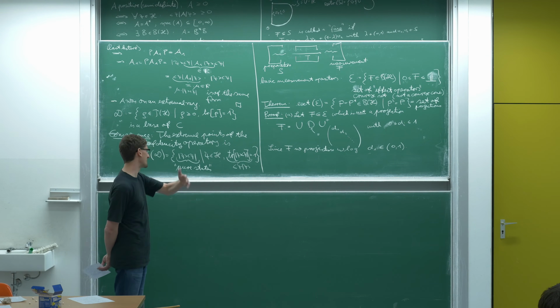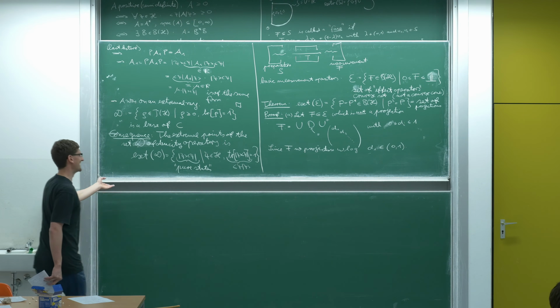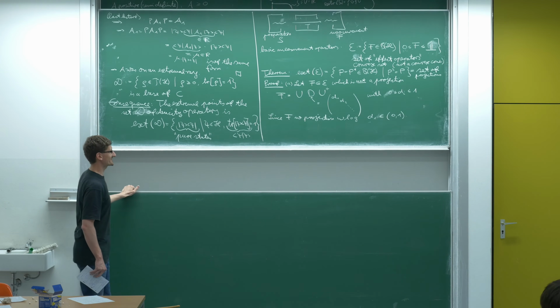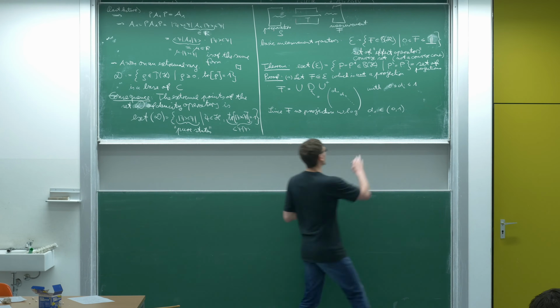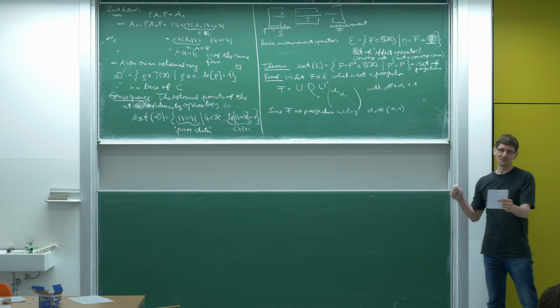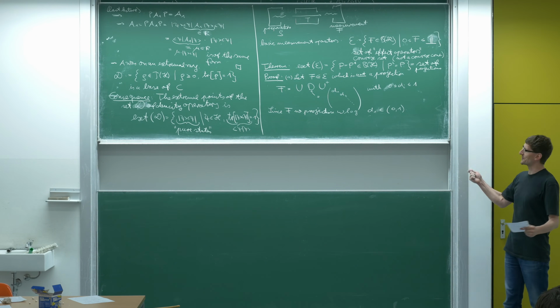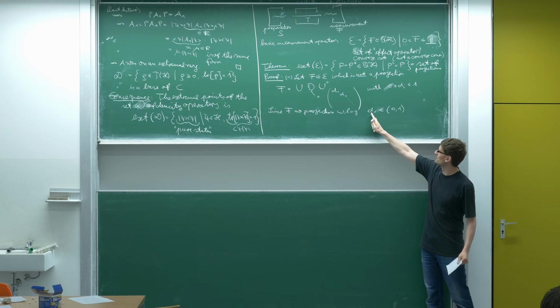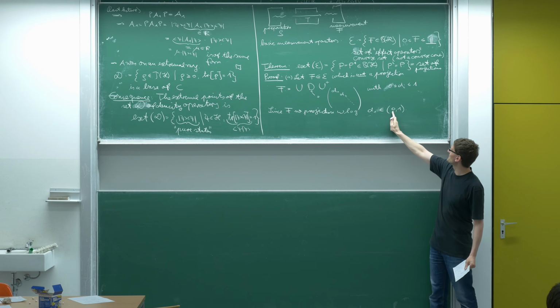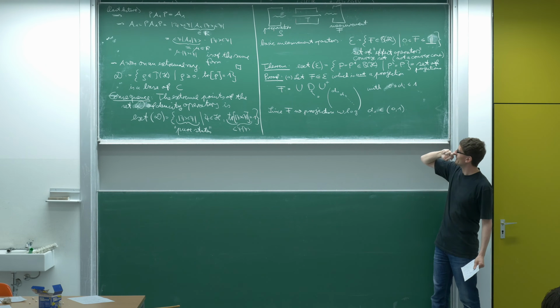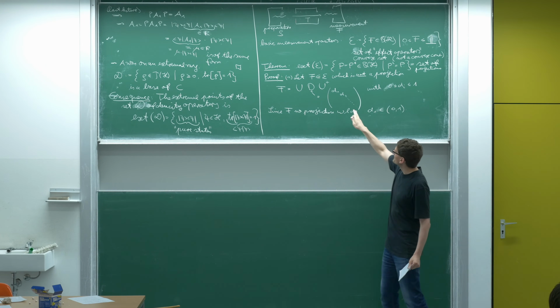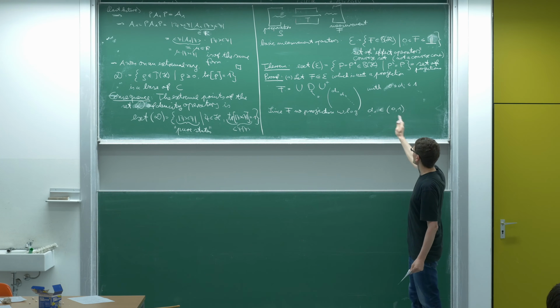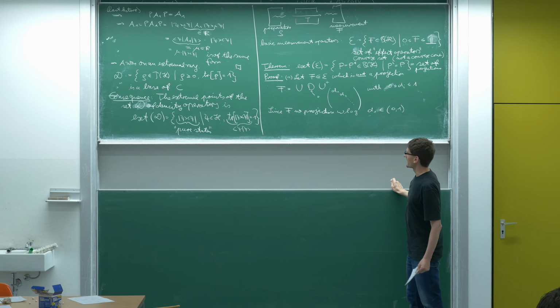I guess maybe no one wants to say because of the camera, but then I'll just say it. We have a number between 0 and 1 which is not 0 and not 1. So of course we will interpret this as a probability, or as what I called previously lambda, a lambda which is not equal to 0 or 1. So in effect we would like to write this diagonal matrix as a convex sum of two other diagonal matrices.